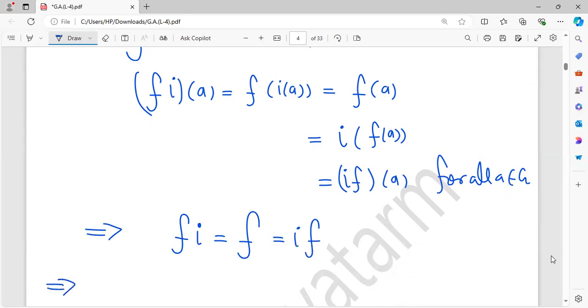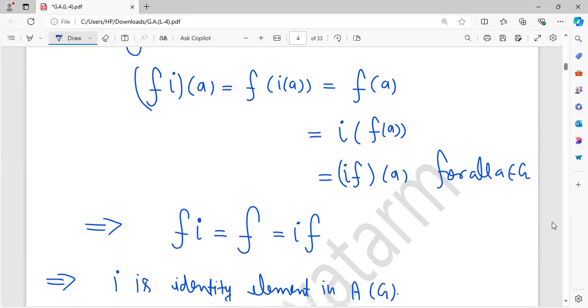So this implies I is the identity element in AG. Now we are going to prove existence of inverse.